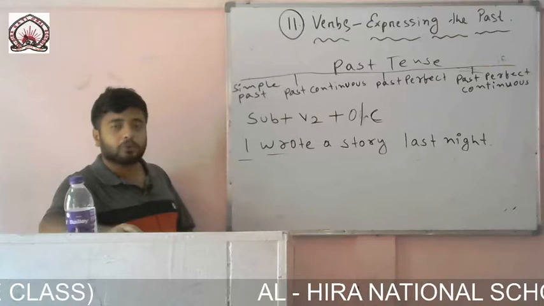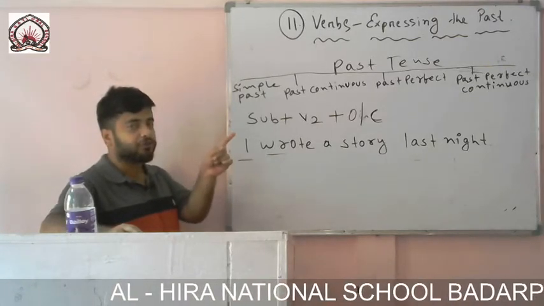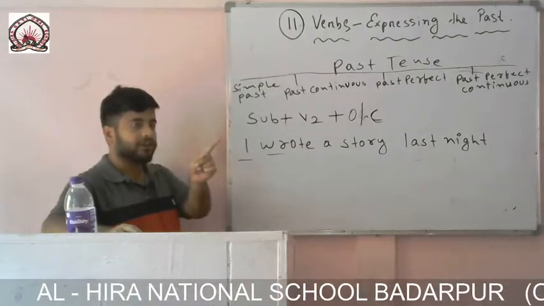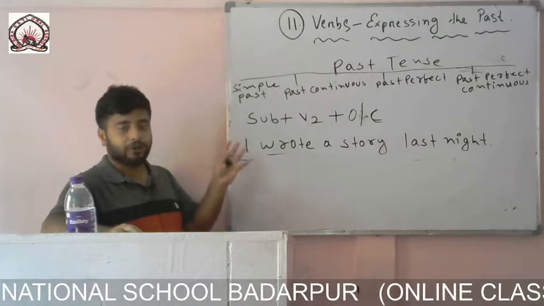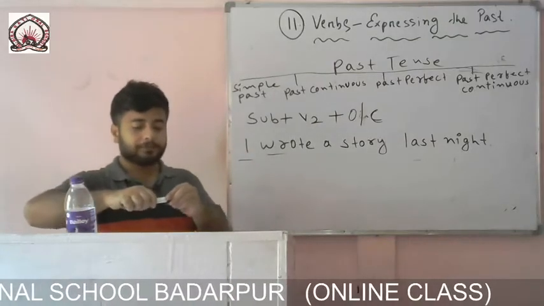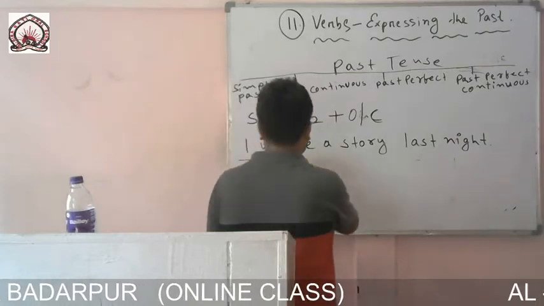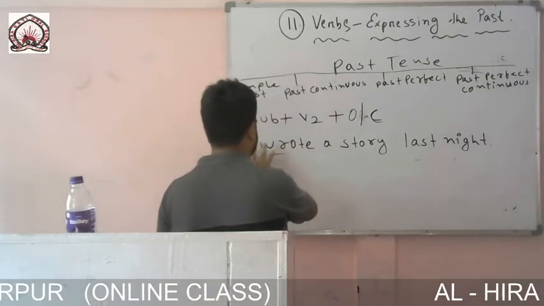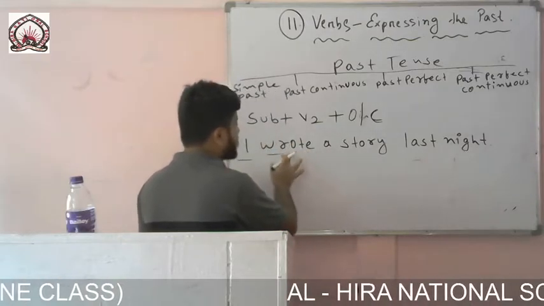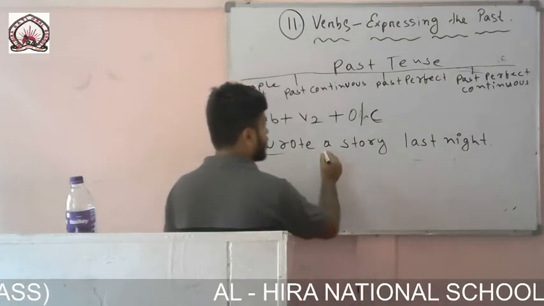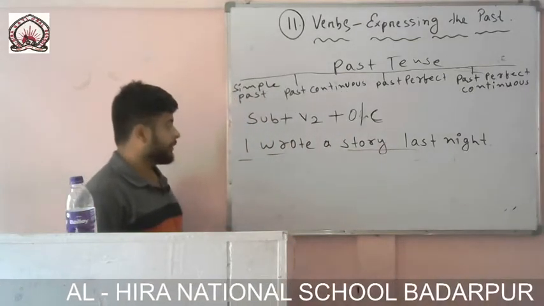Remember, not first form, not third form. Already in maybe class 5, we studied the three forms of the verb. Now, I wrote a story. I is the subject, and wrote is the second form of the verb write. A story last night is the object or complement.